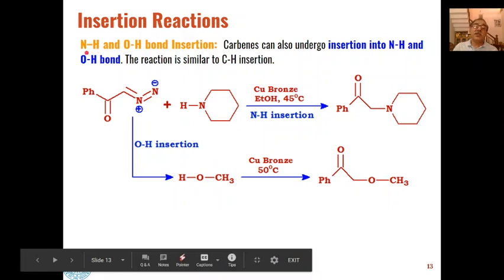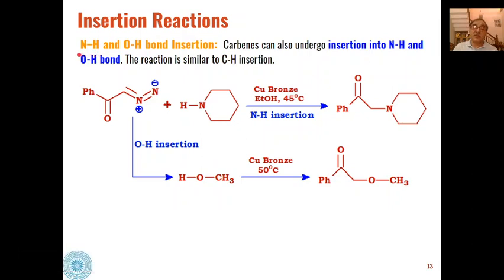Then similarly, the insertion can take place at nitrogen hydrogen bond or oxygen hydrogen bond, but the preference is less as compared to carbon hydrogen. And some examples of insertion in nitrogen hydrogen and oxygen hydrogen bonds are these, that when these types of diazo compounds are reacted with, say, piperidine in presence of copper bronze at 45 degrees centigrade, then NH insertion will take place.